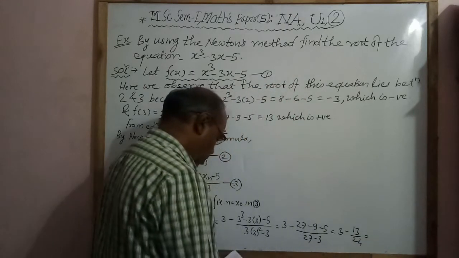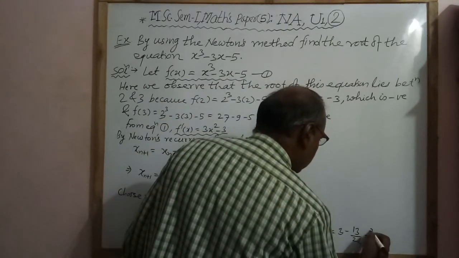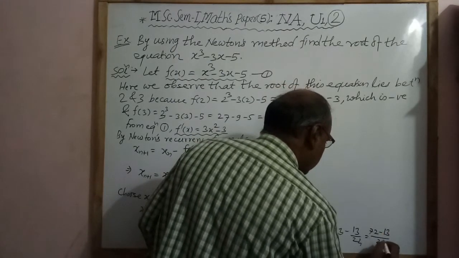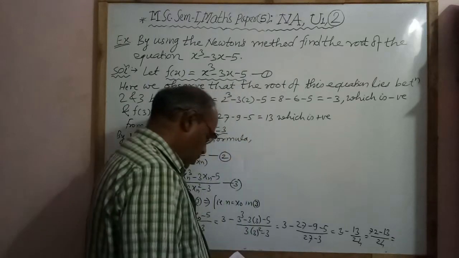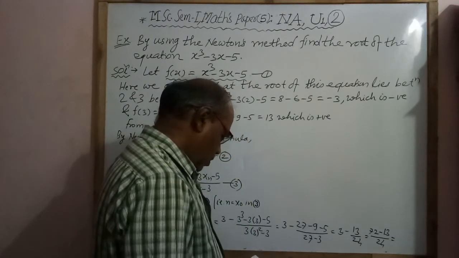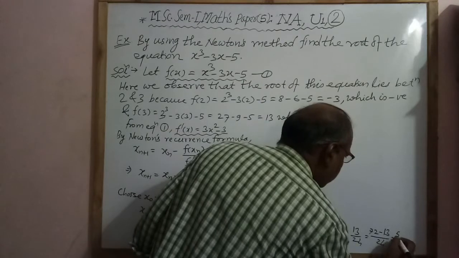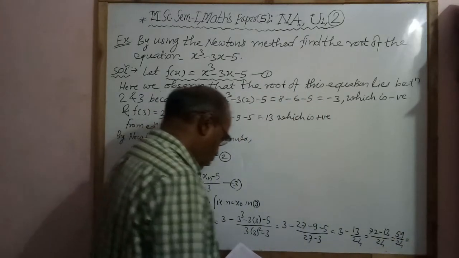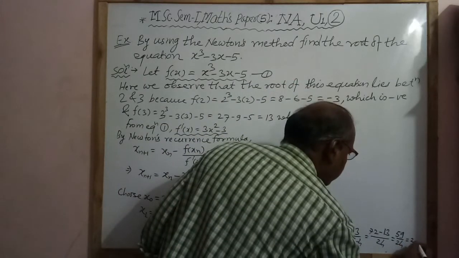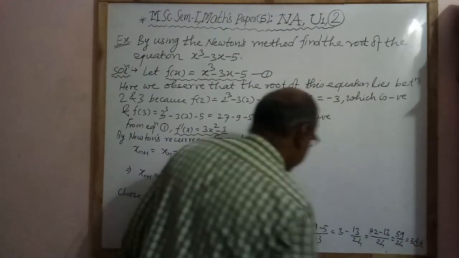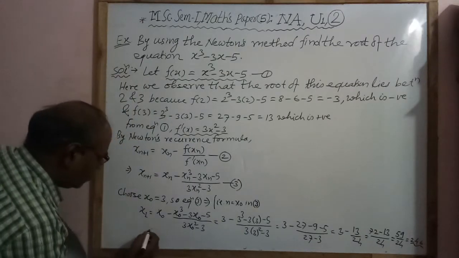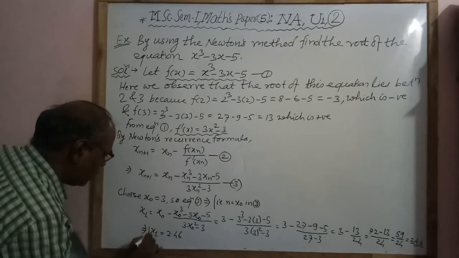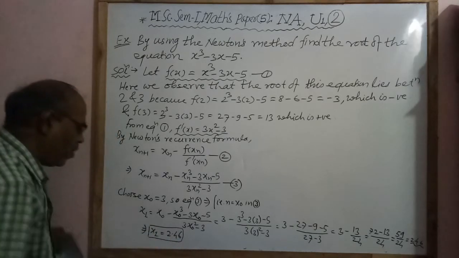If you take the LCM 24, then you have 72 minus 13 divided by 24, which is nothing but 59 by 24, and which is equal to 2.46. Therefore, x1 equal to 2.46.